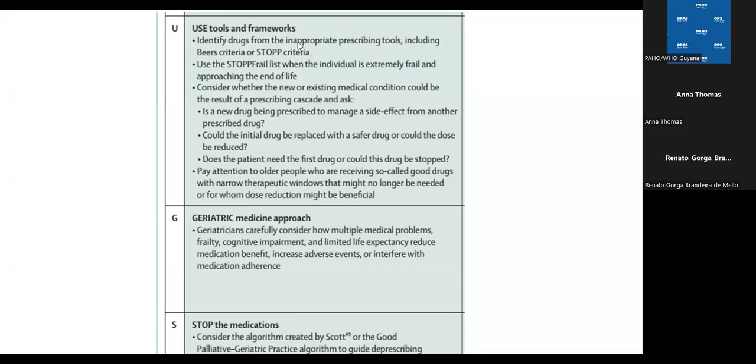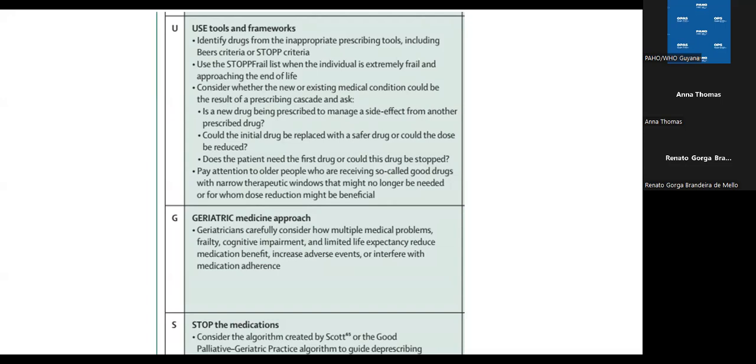I'll show you later. Use the STOPP-Frail list when the individual is extremely frail and approaching the end of life.